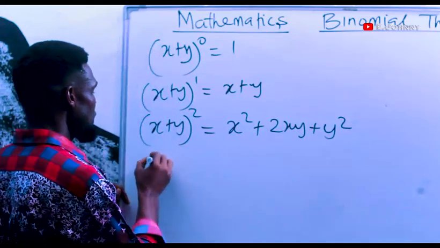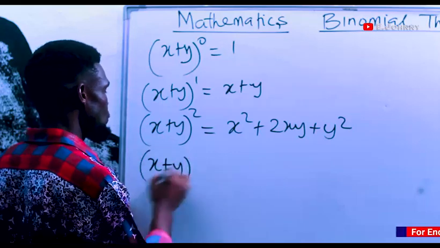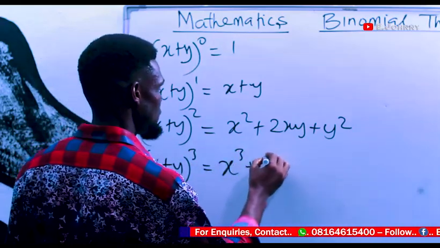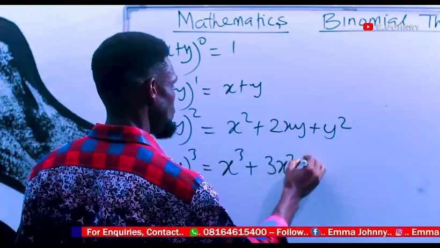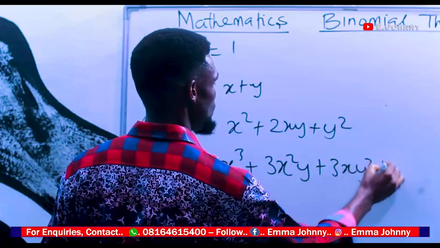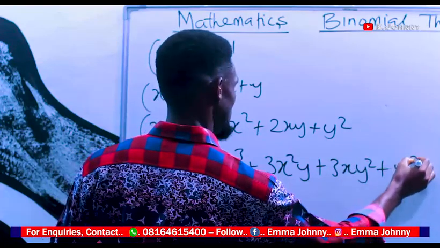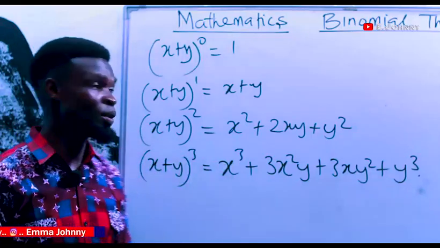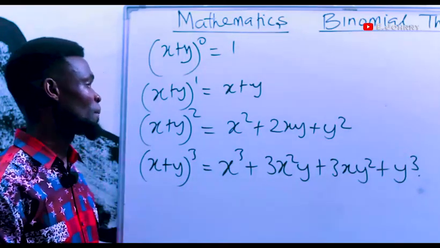And then we said that x plus y raised to power 3 was x cubed plus 3x squared y plus 3xy squared plus y cubed. This is where we stopped in our previous video.